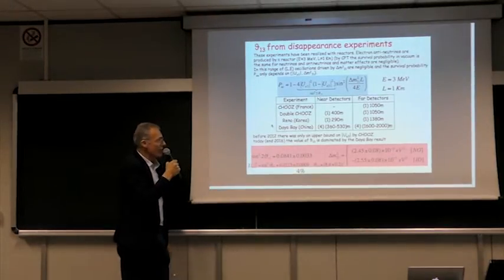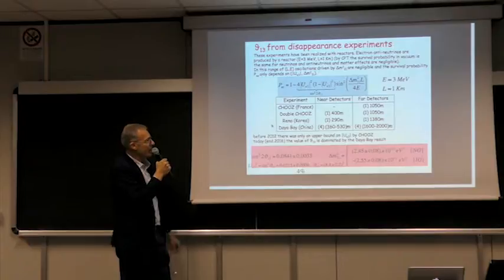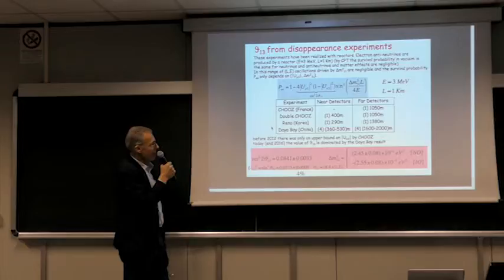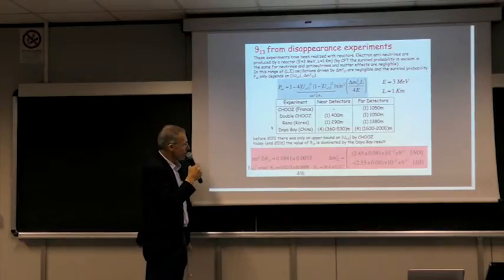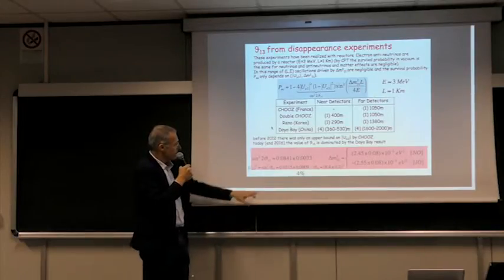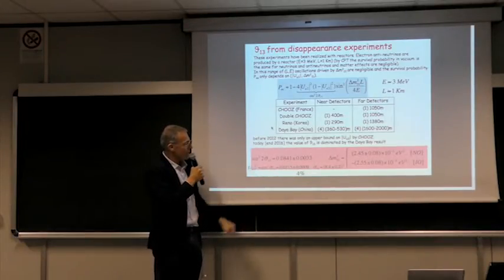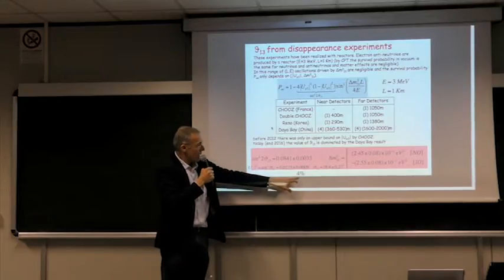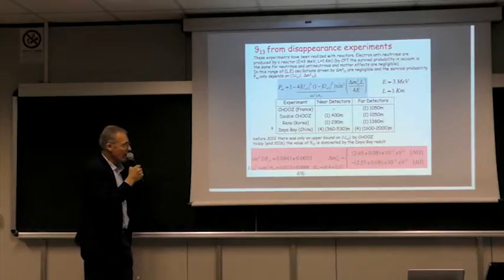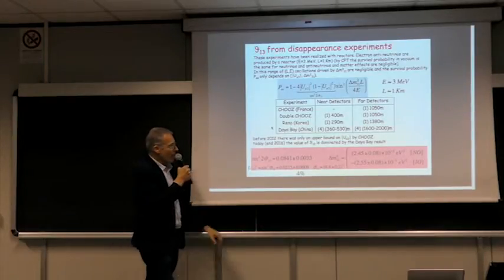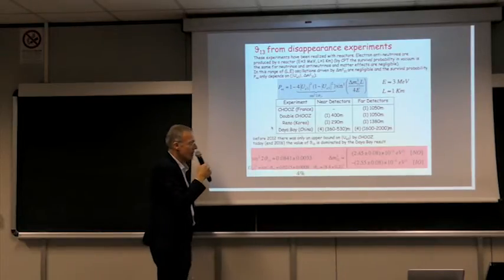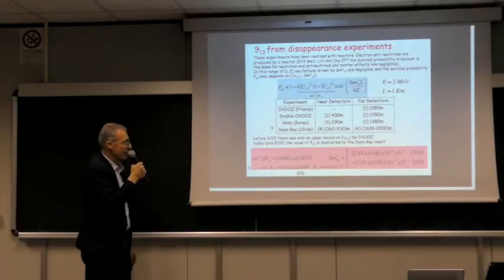The value of theta 13 is completely dominated so far by a single experiment, the Chinese one, Daya Bay. These are the results. You see, the sine squared of theta 13 is a quantity of order 2% with a very small error. This is one of the elements of the mixing matrix that is nowadays better determined. And theta 13 is the smallest angle and has a value around 8 degrees.